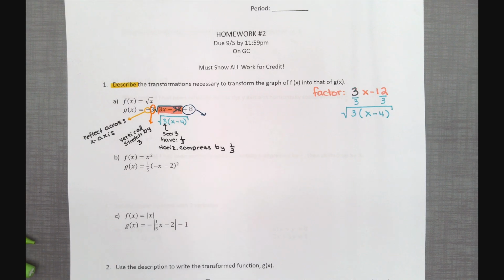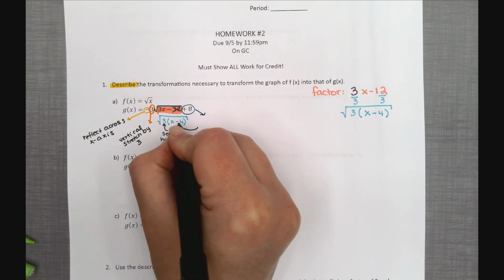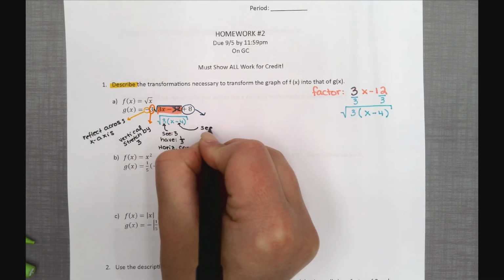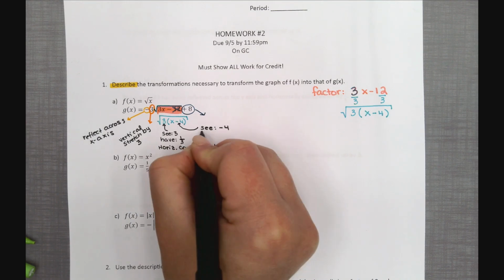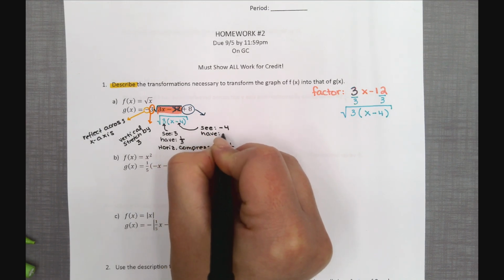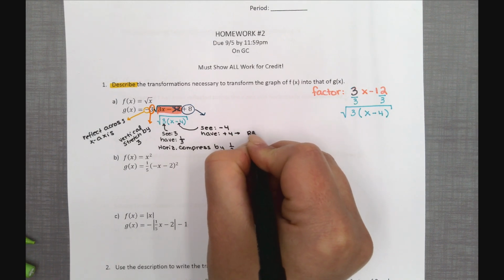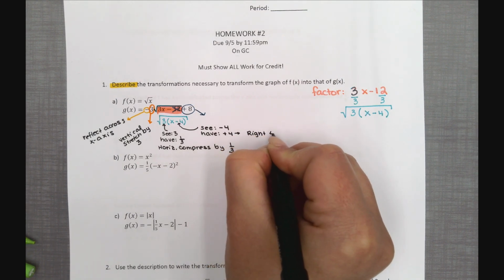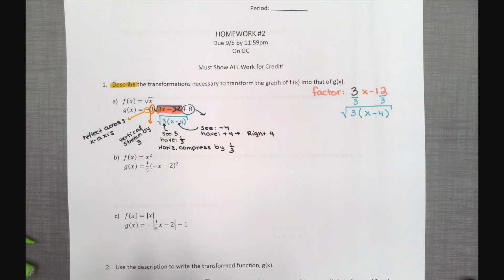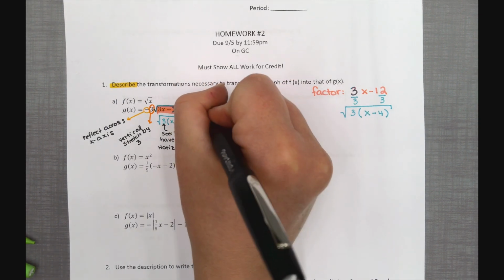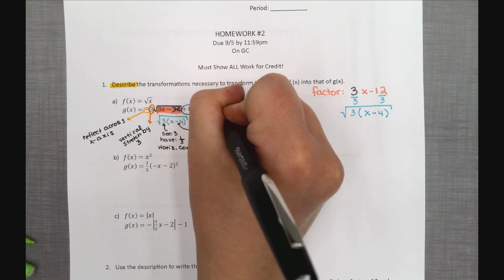Then I see this minus 4. That means I have a plus 4, opposite of what you see, meaning I'm going to go right 4. And lastly, we have this 8, and this 8 is a shift up by 8.